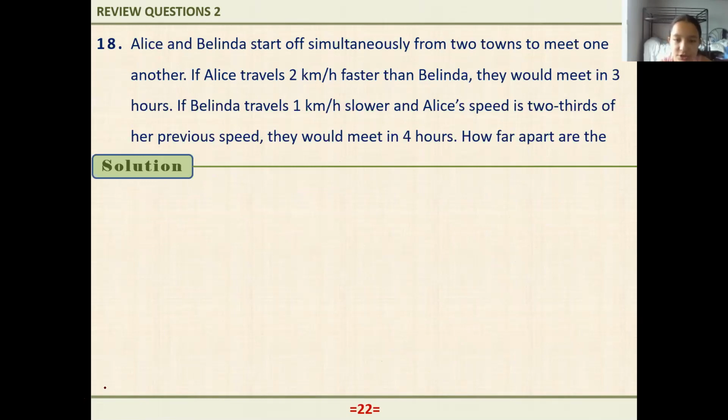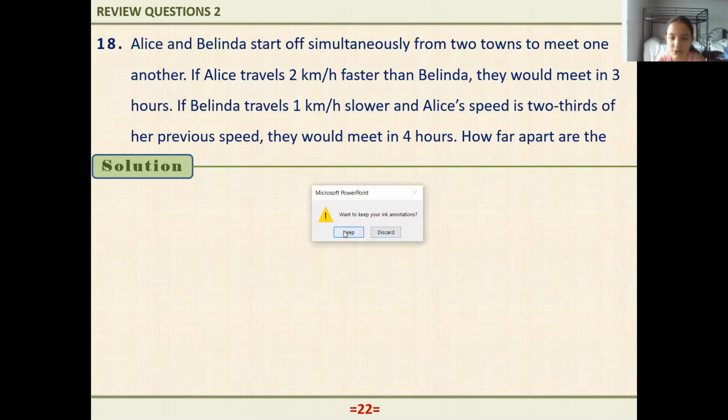If Alice travels 2 kilometers per hour faster than Belinda, they will meet in 3 hours. If Belinda travels 1 kilometer per hour slower and Alice's speed is 2/3 of her previous speed, they would meet in 4 hours. How far apart are they?